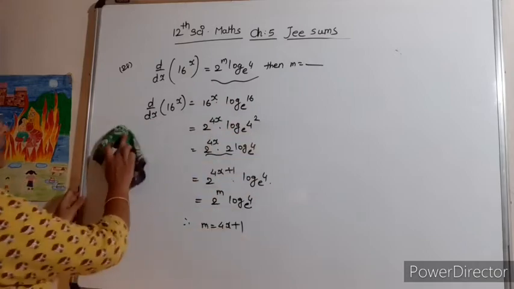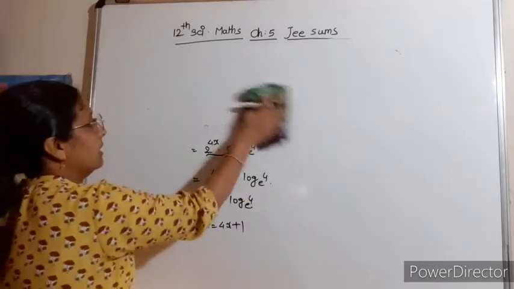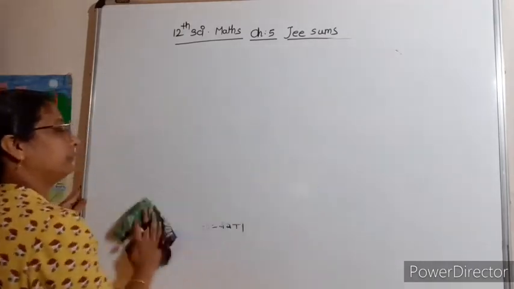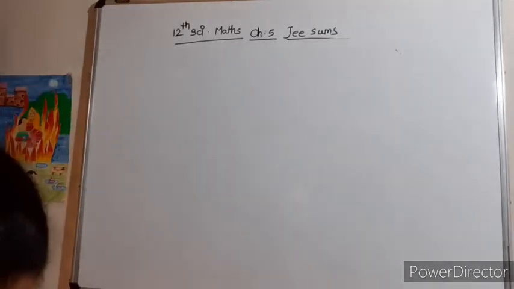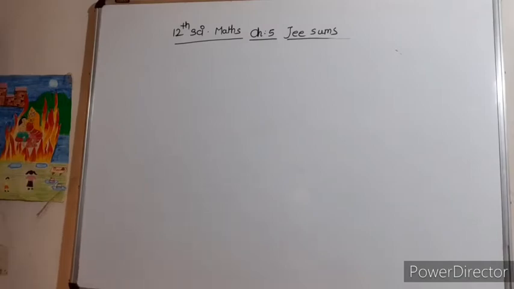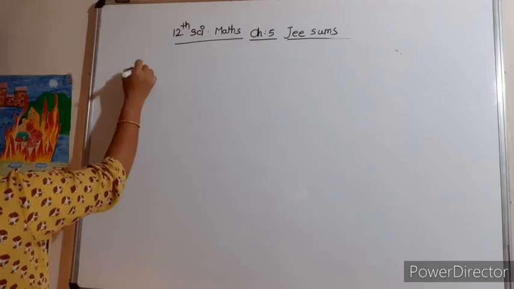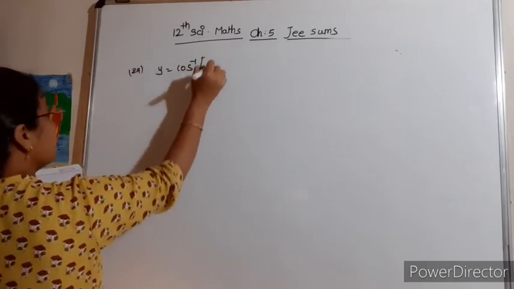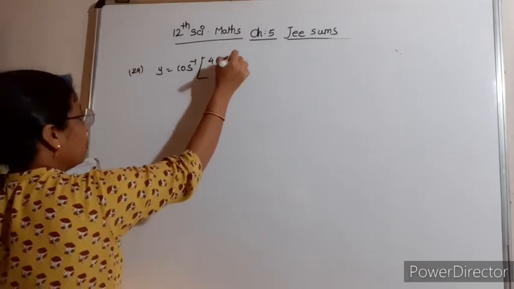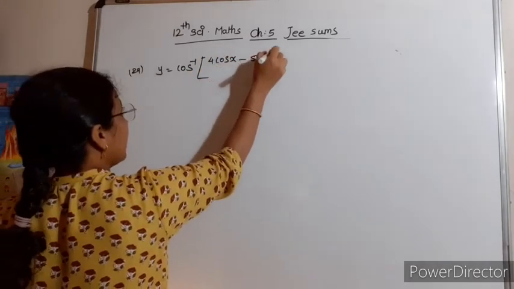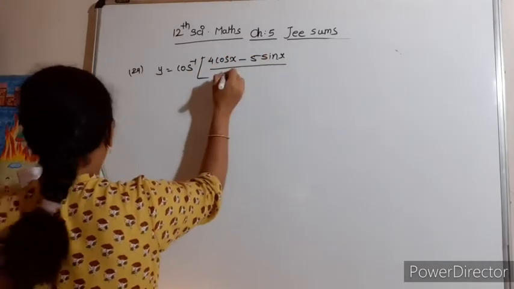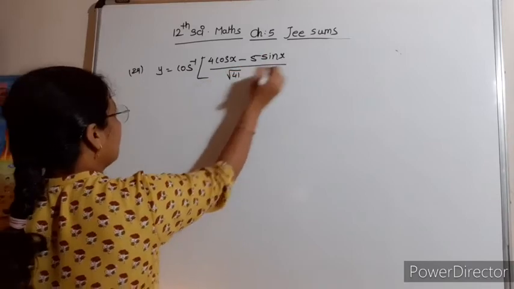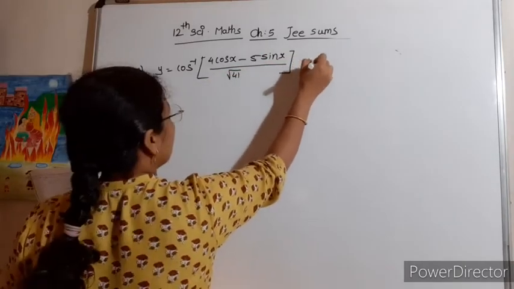Do it. Then we'll go ahead with question number 29. Y is equal to cos inverse of 4 cos x minus 5 sin x upon root 41.